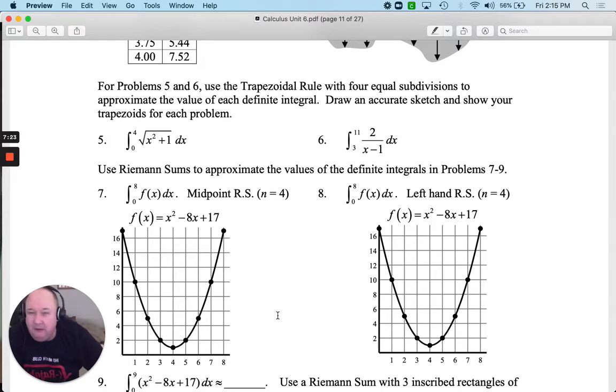Plug 1 in, and you get the square root of 2, and you have to double it. Plug 3 in, and 3 squared is 9, plus 1 is 10, and double it. And then plug 4 in, and that's the square root of 17, but it's not doubled, because it's a single. And that's it.